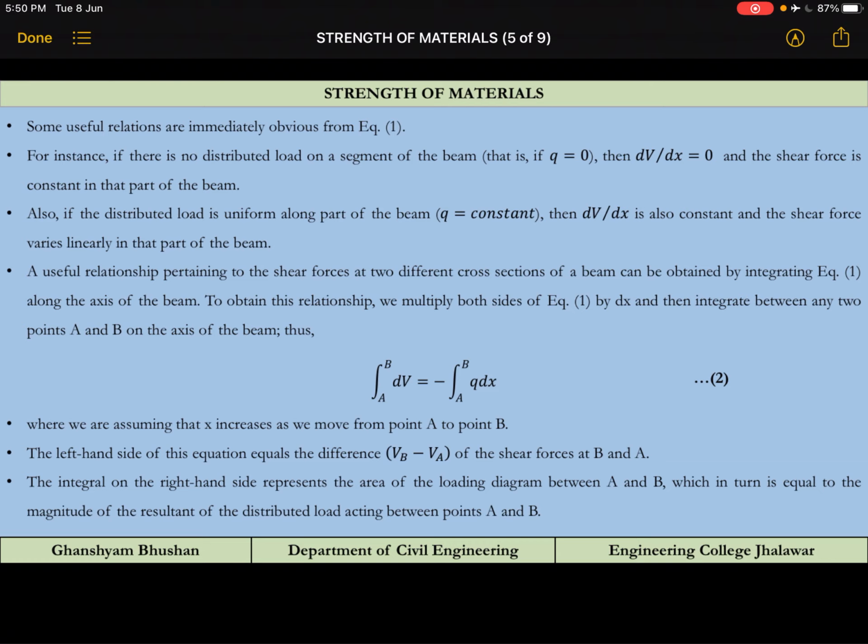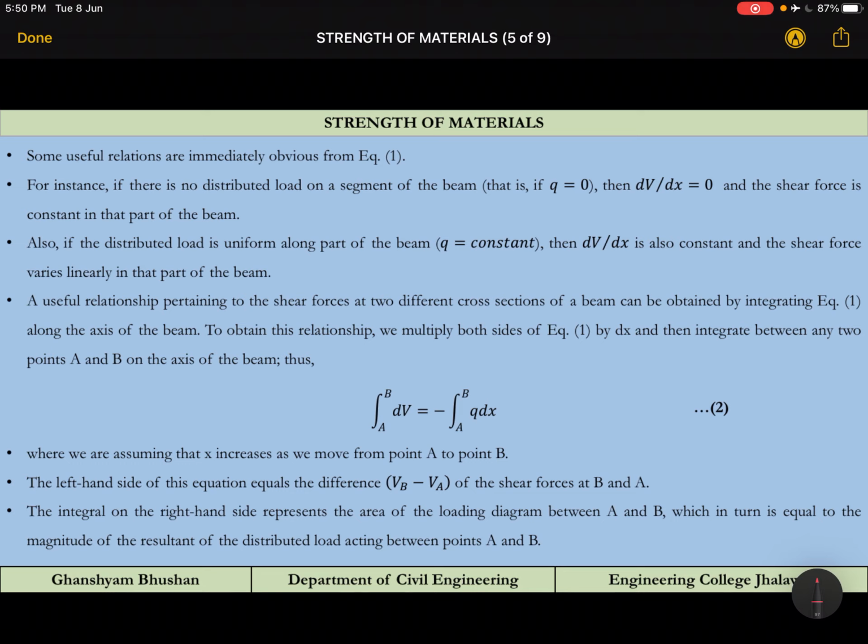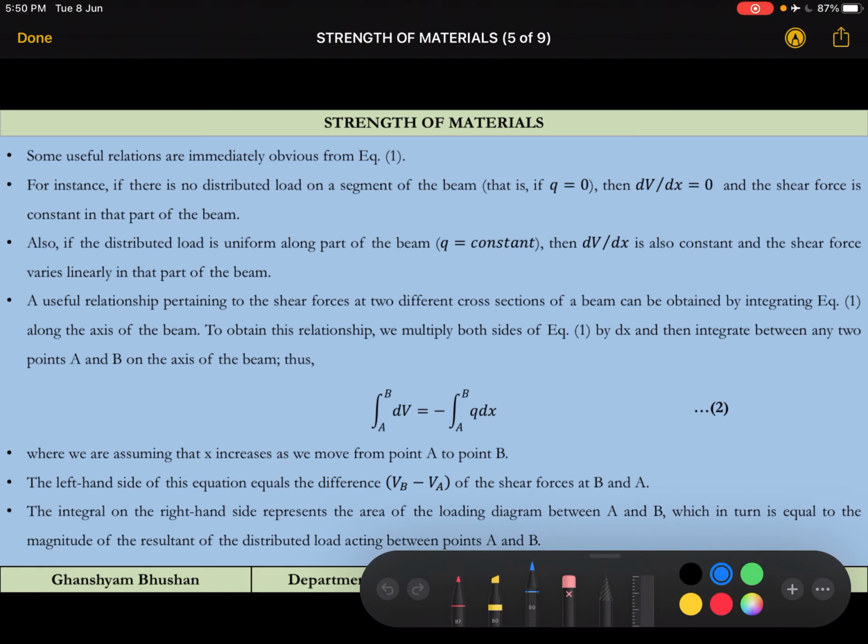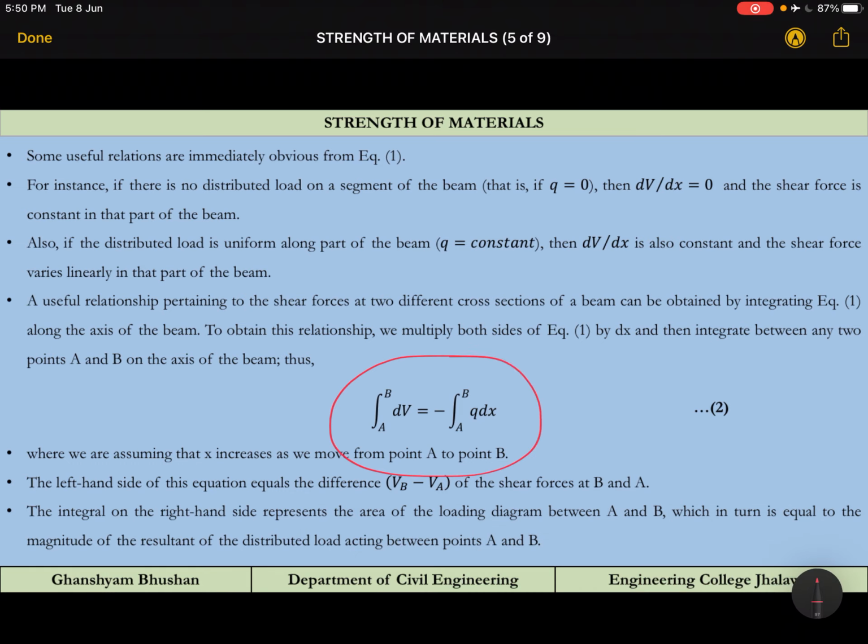What we can also do, we can calculate the shear force value by using this equation. So if you are integrating from a to b, what will you get? Minus of q into dx. So this area of the loading curve between a to b will give you Vb minus Va.